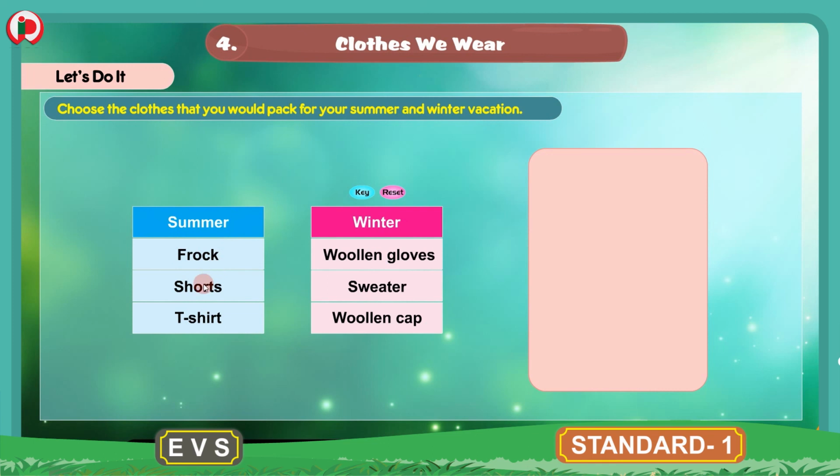Those are frock, shorts, t-shirt. And in winter season we wear woolen gloves, sweater and woolen cap. So this is about the let's do section. And with this section we complete the workbook part for the 4th lesson, clothes we wear.